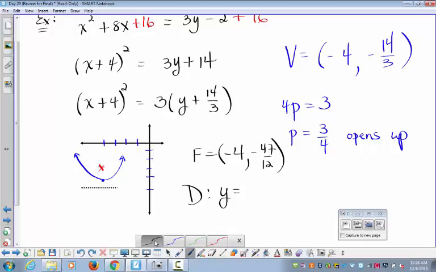What are we going to do with -14/3 this time? Yeah, we'll subtract. We're going to go down, so we're subtracting off 3/4. Same idea, we have to get a common denominator of 12. Multiply -14 times 4, we get -56. Then subtract 9, we get -65.